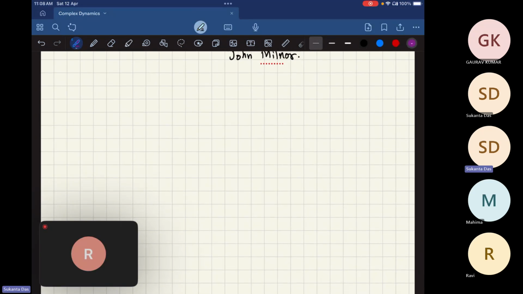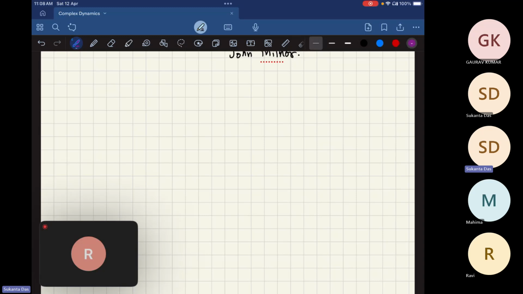So let me start. Here, let me define the degree of a rational map. Say R is my rational map from C hat to C hat.